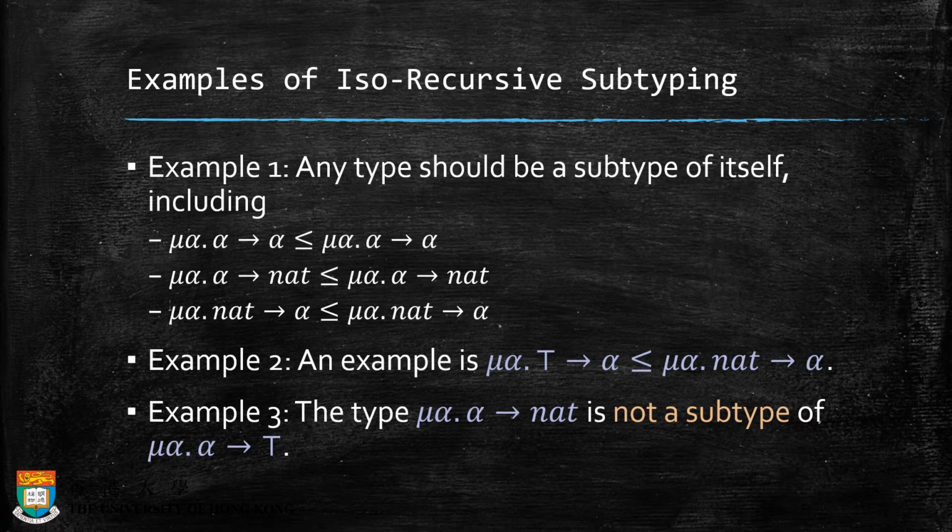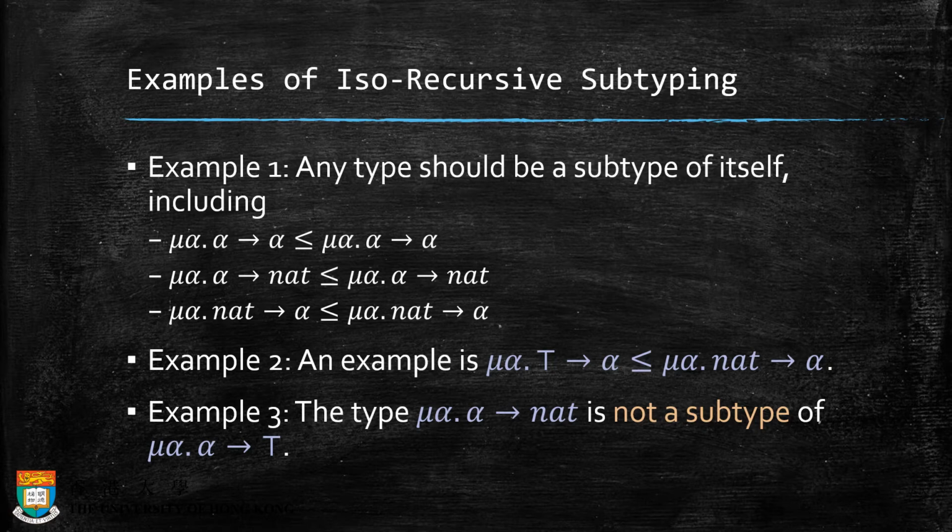Here, we see some examples to show which iso-recursive types should be subtypes. First of all, we know that any type should be a subtype of itself, wherever its type variable occurs, in either covariant or contravariant position. In the second one, we can see that both type variables occur in covariant position.